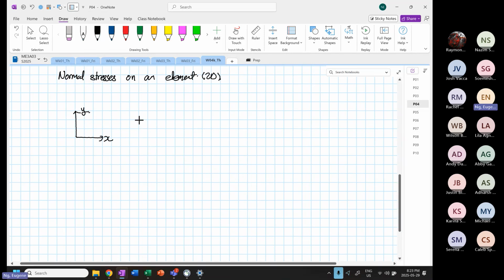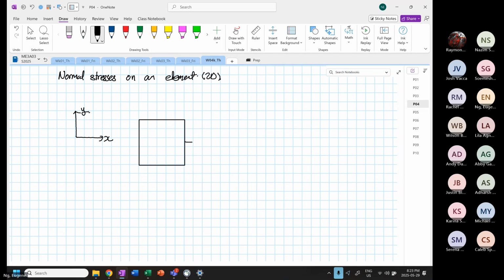Okay, so we have an element over here, right? So this is our element. Okay, so stress X is our normal stress. Okay, and stress Y is our normal stress also. Okay, and why is that?